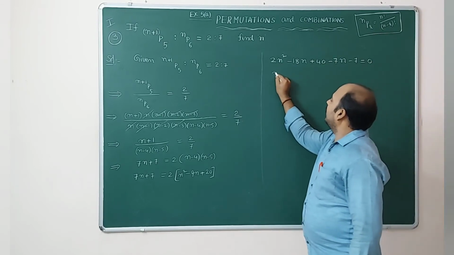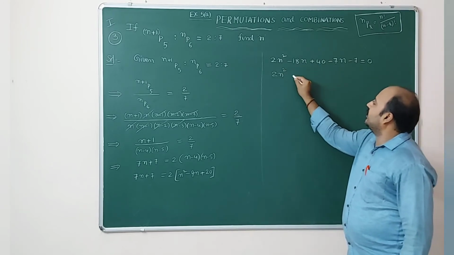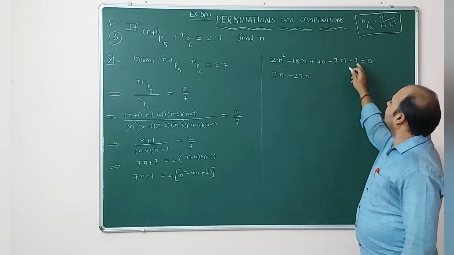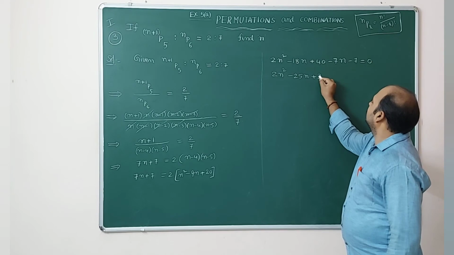So, 2n square minus 18n minus 7n, minus 25n, plus 40 minus 7. So, it will become 33.